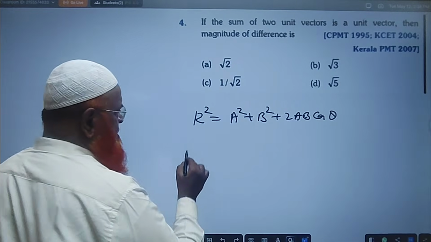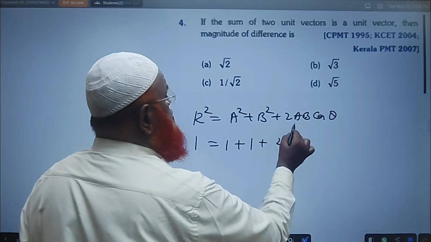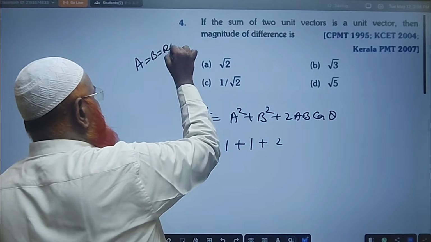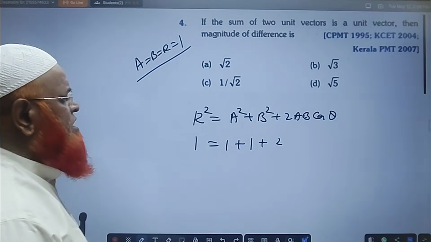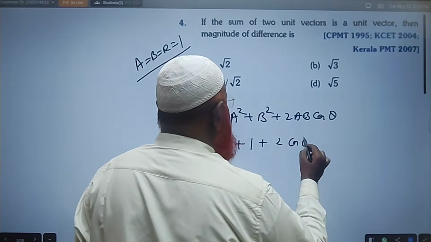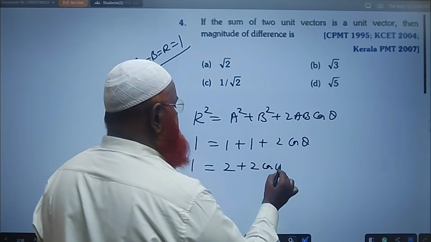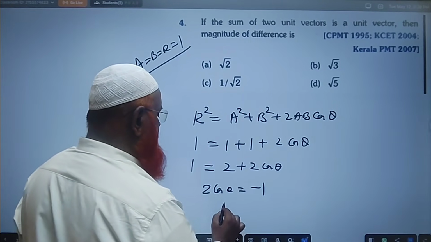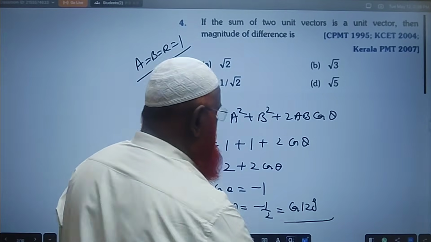We don't know theta, but a is equal to b is equal to r is equal to 1 according to the problem. So 1 is equal to 1 plus 1 plus 2 cos theta, that is 1 is equal to 2 plus 2 cos theta. So 2 cos theta is equal to minus 1. So cos theta is equal to minus 1/2, which is nothing but cos 120 degrees.